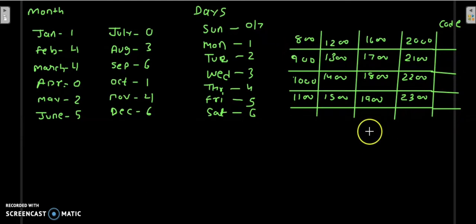You have to remember the code: 6 times 420. Whenever these centuries come, the code will be 6, 4, 2, 0. In this way you have to write it down. Clear? Write these things down, or you should remember them. When you practice more and more questions, you will learn it.